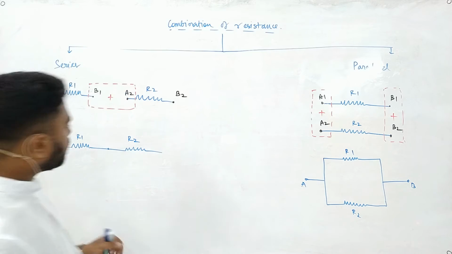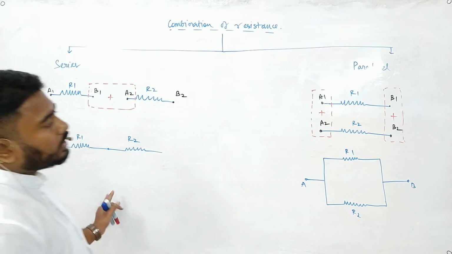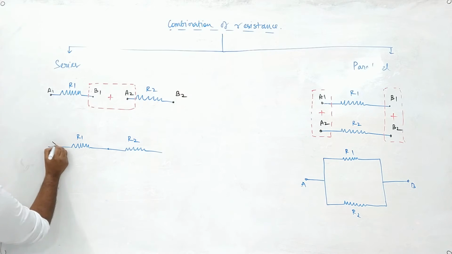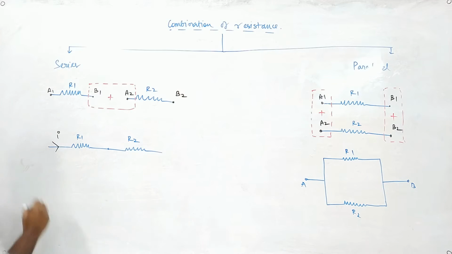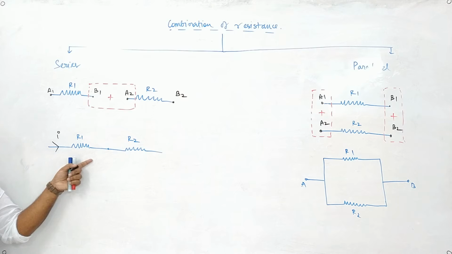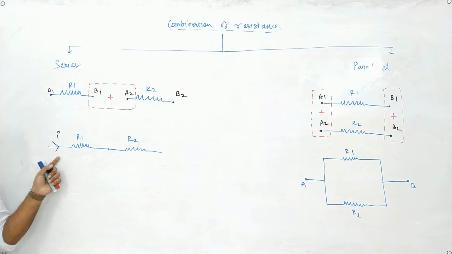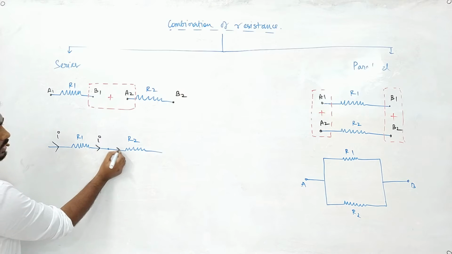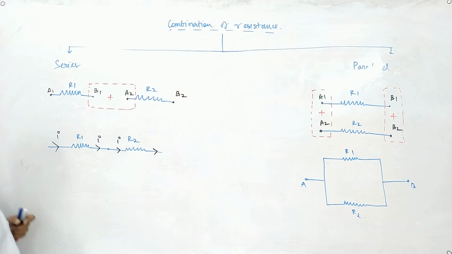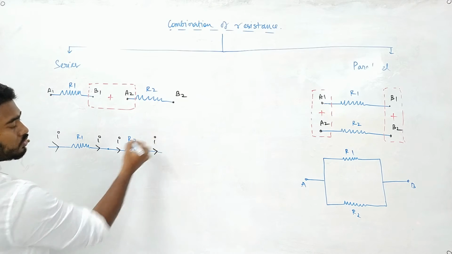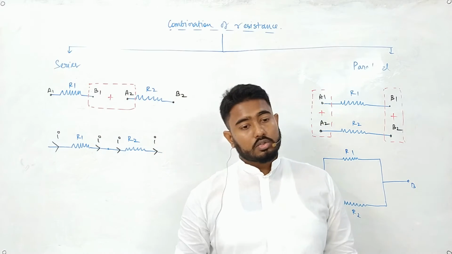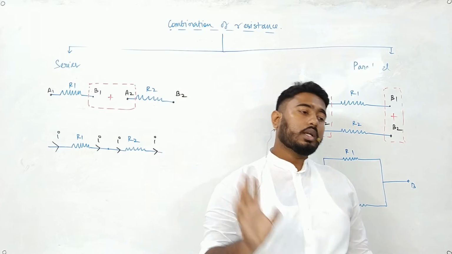Now we need to remember something regarding both of these connections. If a current I is coming, then I current will pass through R1. All of you look at me. This same I current will pass through R2. So in a series combination, the same current passes through all the resistors connected.